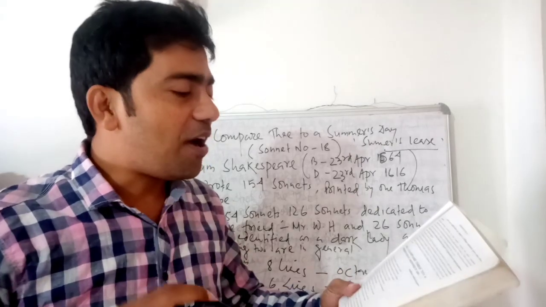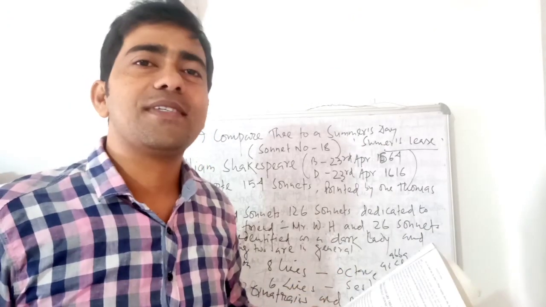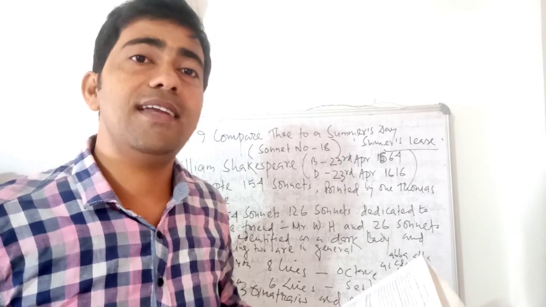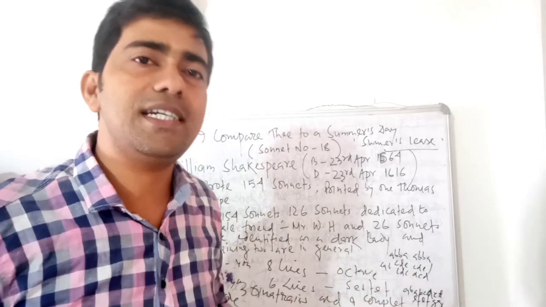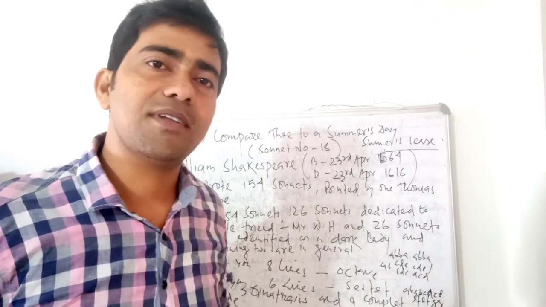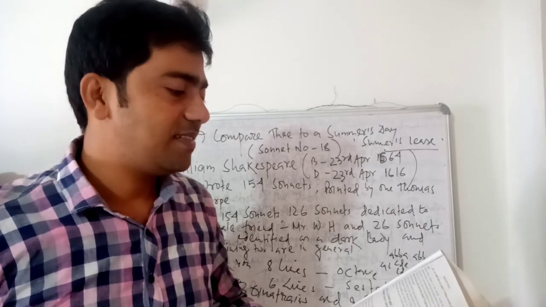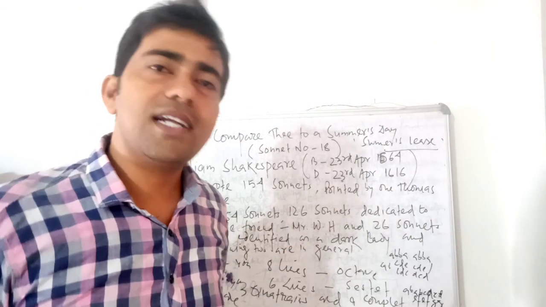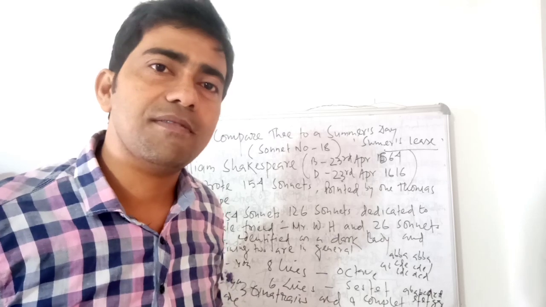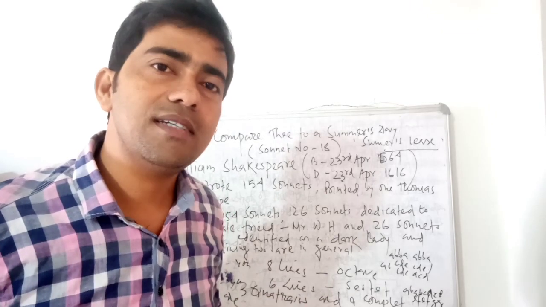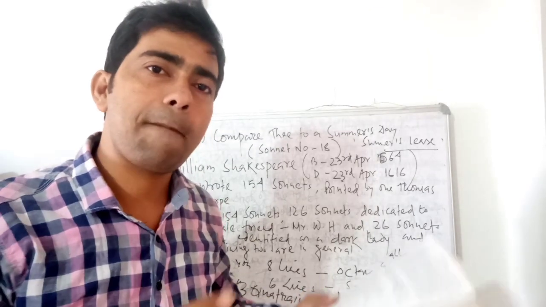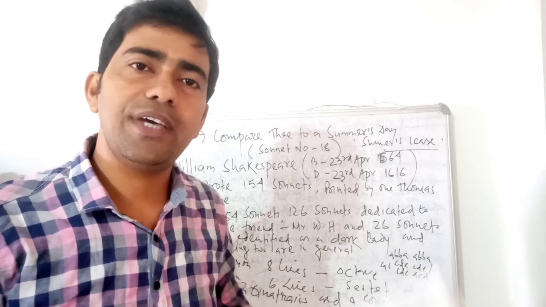So here the poet beautifully describes the bad side of the summer season in comparison to his friend's good side, his friend's eternal beauty, temperament, good disposition. So the first quatrain is all about his friend's beauty, loveliness, and good disposition in comparison to summer's short-lived stay in the house of a year.